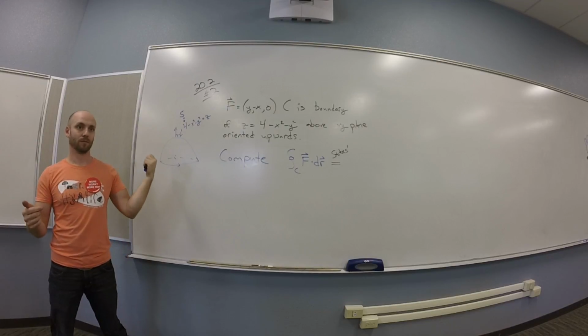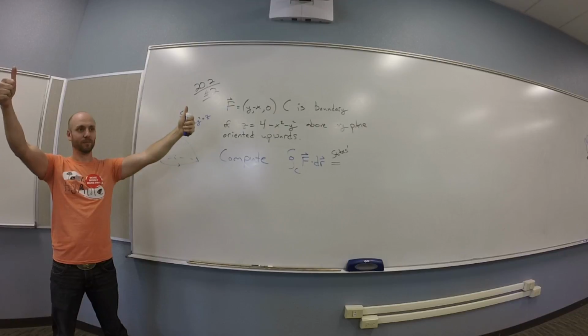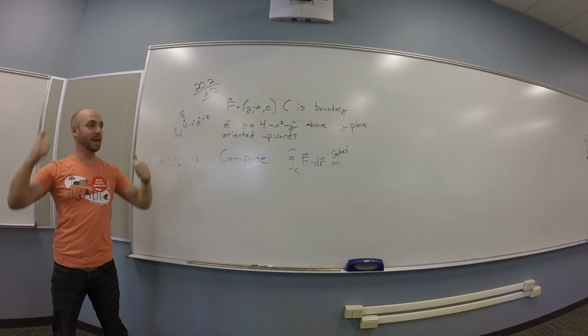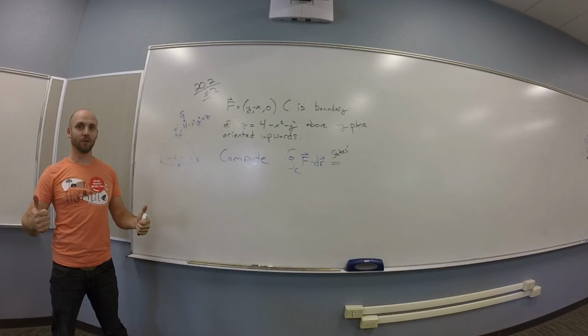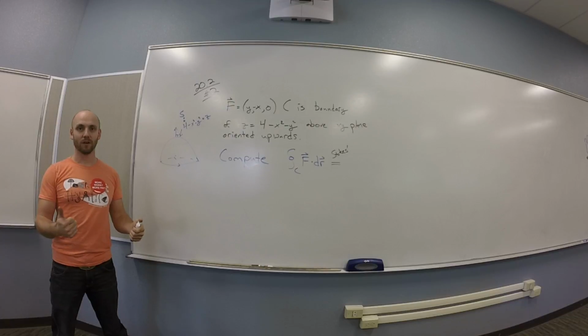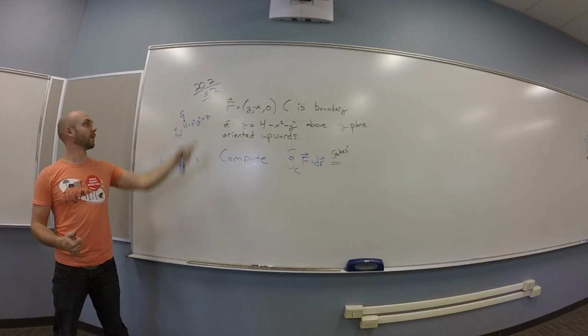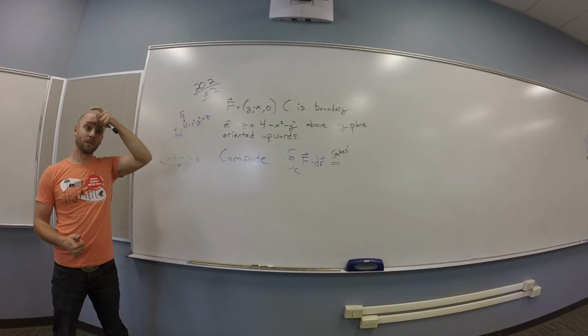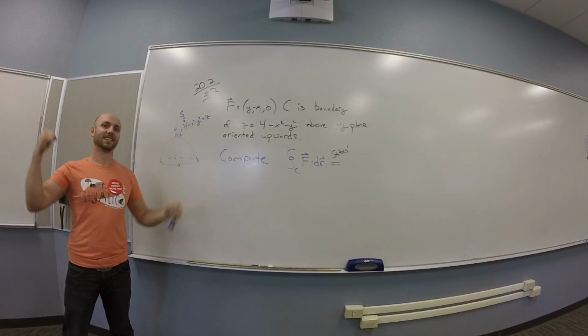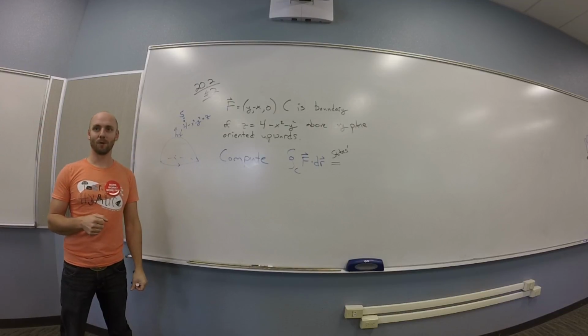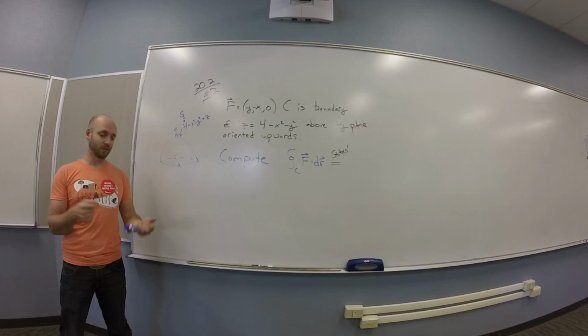Check. And I need the vector field to have continuous partials on some open region containing the surface. Where are your vector field's partials continuous? Everywhere. Yes! I don't have to worry about any problems. So I can apply Stokes to this thing.